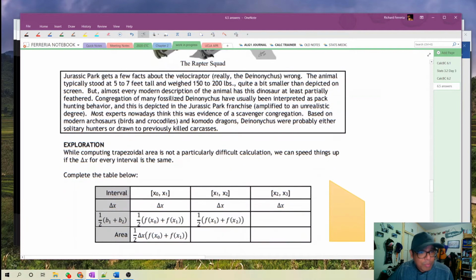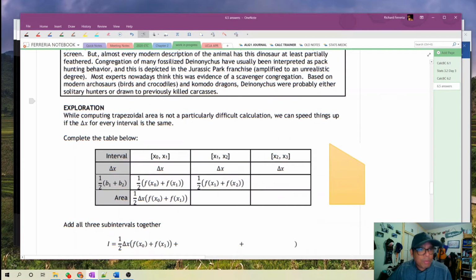So here's the idea. We're going to be computing a trapezoidal area very abstractly.